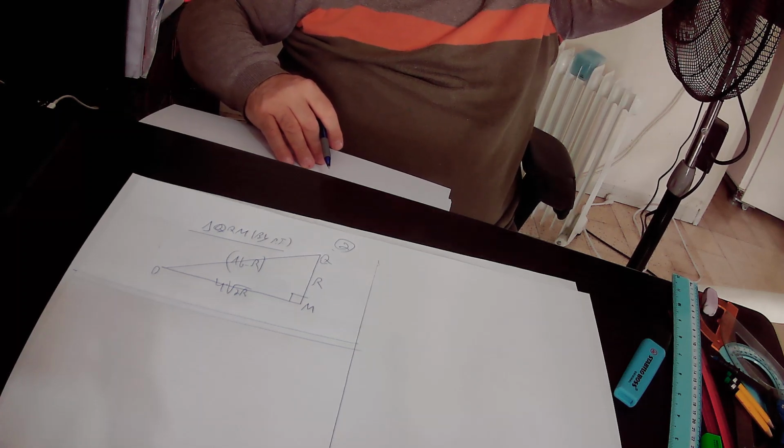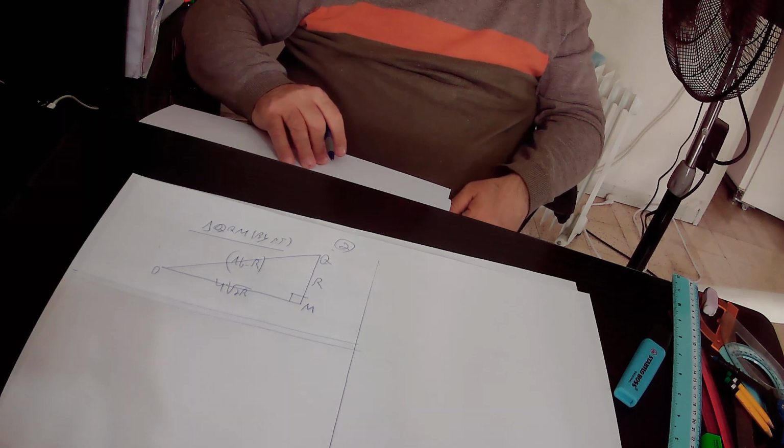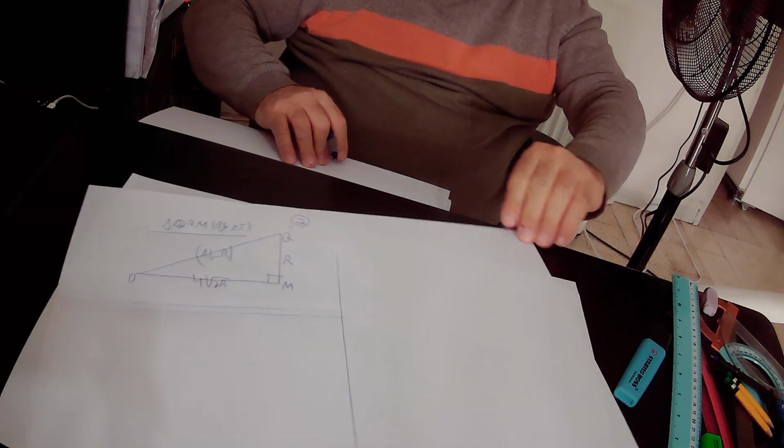In this right triangle OQM, according to the Pythagoras theorem, OQ square equals OM square plus QM square. Again, OQ square equals OM square plus QM square. So I write it down.